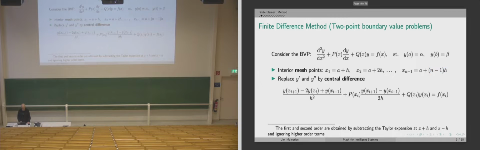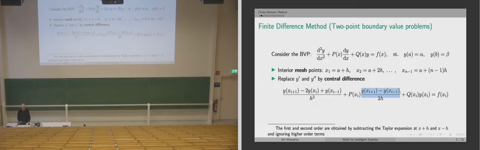So the key idea is to replace the differential quantities by the central difference. So here we have a second order differential equation, so we will have a finite difference equation for the second order derivative and a central difference equation for the first order derivative.